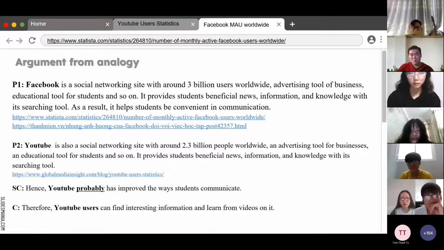Similar to Facebook, learning on the YouTube application is also chosen by millions of people and students to study. YouTube is no longer just a place for entertainment, but also a useful medium for learning, information, and documentation. About 10% of Vietnamese users are learning foreign languages on YouTube.